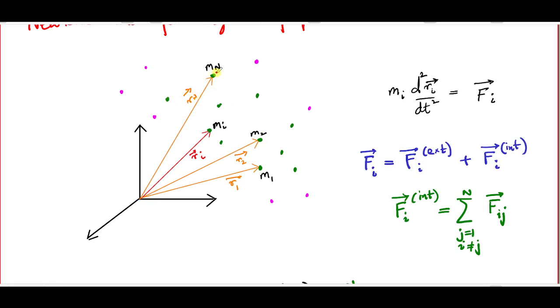These are point particles which make up my system. Now, in order to emphasize the fact that the system does not have to be everything under the sun, I have also drawn the positions of a few other points in purple here. These are points which are outside my system.